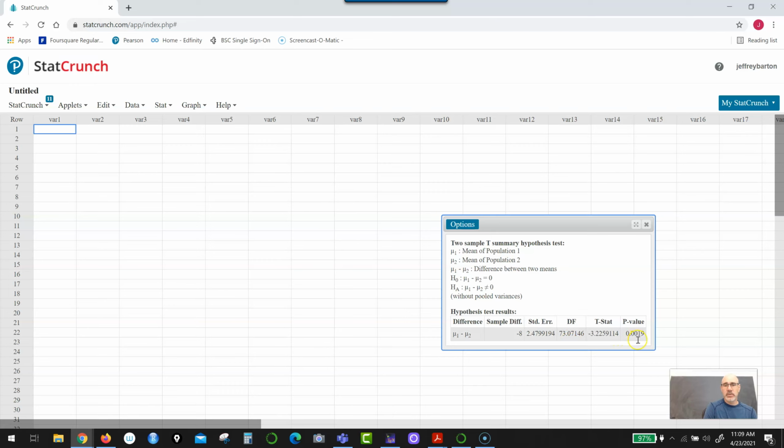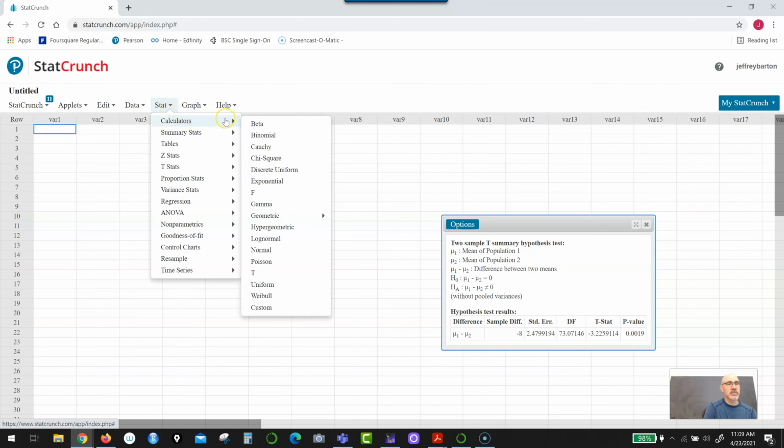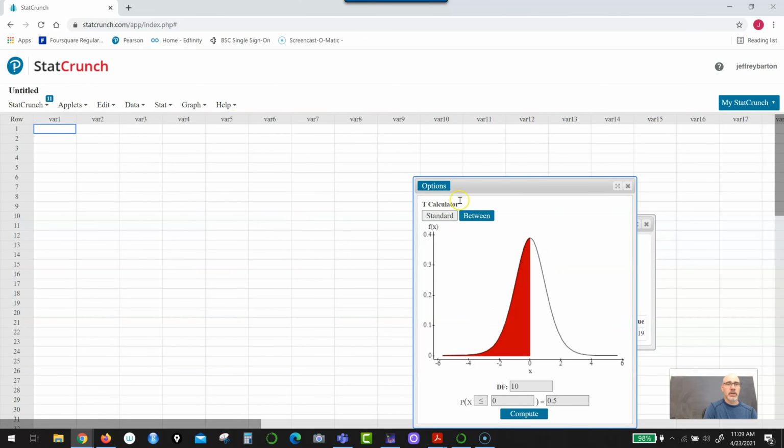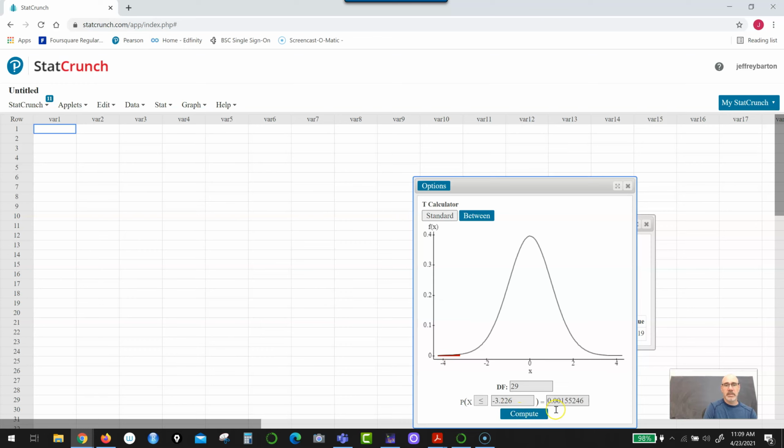But if I were to do the t-stat and use a t distribution with 29 degrees of freedom, I would get something slightly different. So let me show that. Calculator, t distribution, standard, degrees of freedom 29, and minus 3.226. And when I calculate that, I get 0.0015-ish.